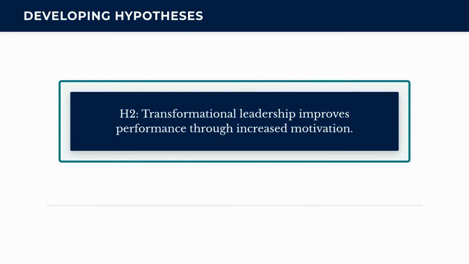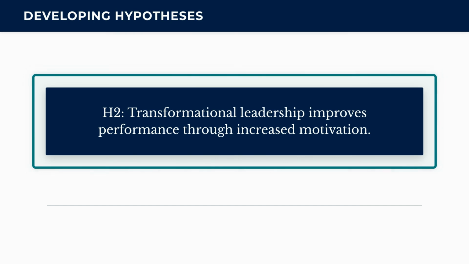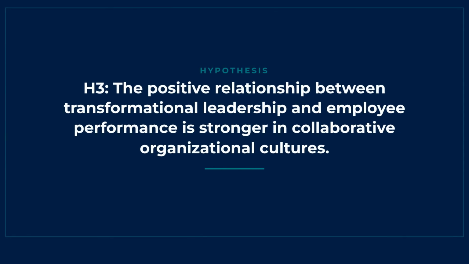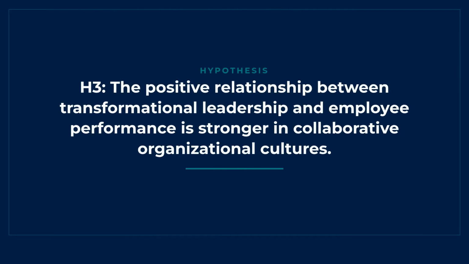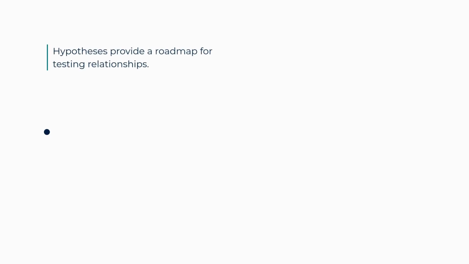If you include a mediator, you could write H2: transformational leadership improves employee performance through increased motivation. For a moderator, you might write H3: the positive relationship between transformational leadership and employee performance is stronger in collaborative organizational cultures. Hypotheses provide a roadmap for testing the relationships in your study.